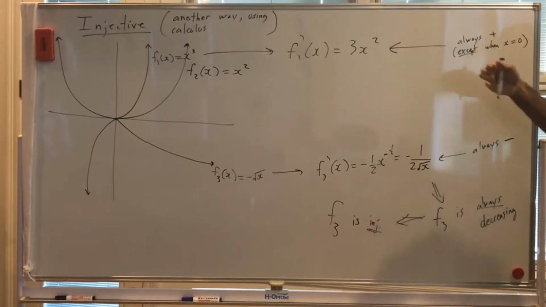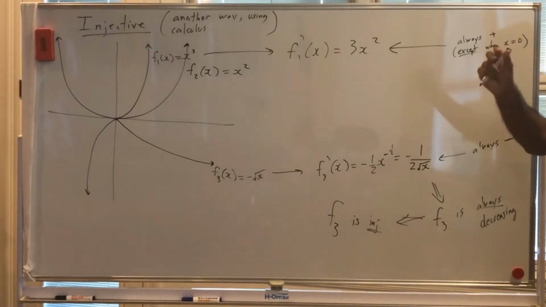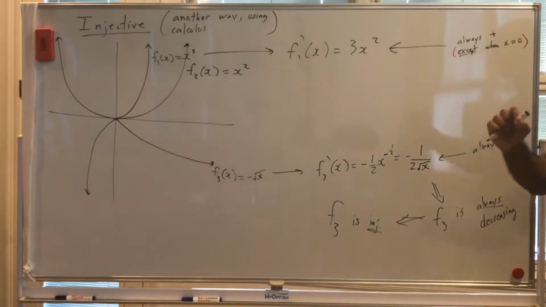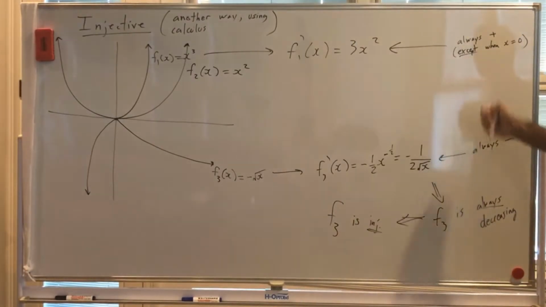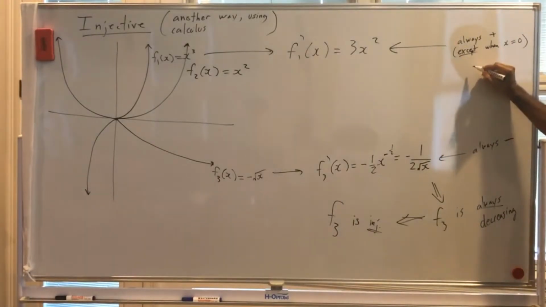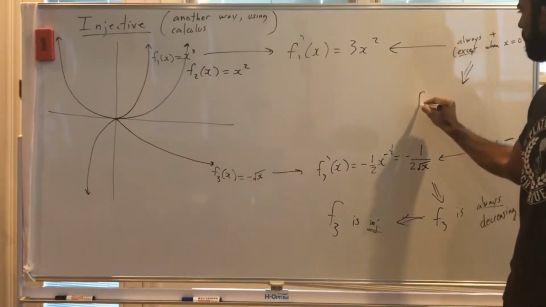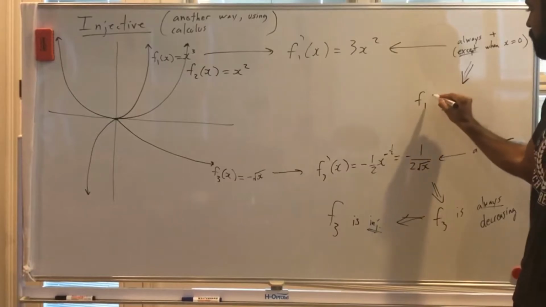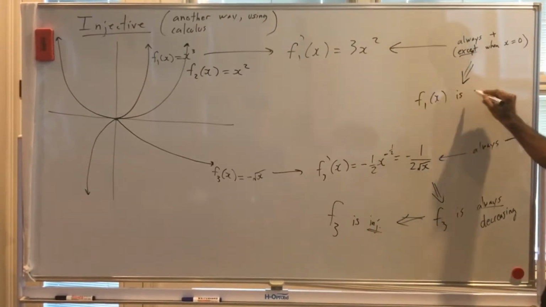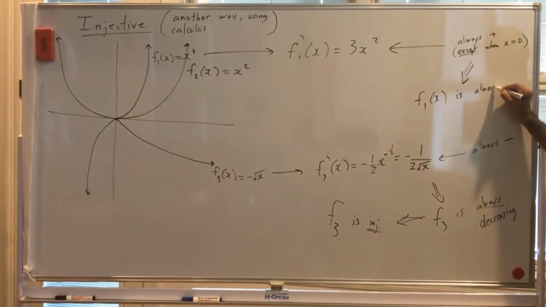As long as it goes from increasing to still increasing, or decreasing to still decreasing, we still conclude that the graph of the original, f1, is always increasing.